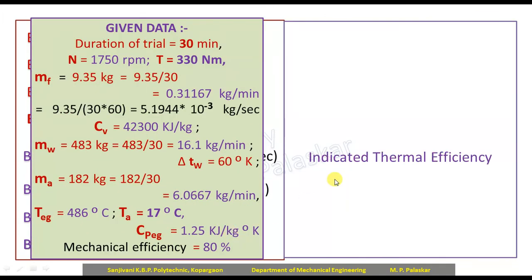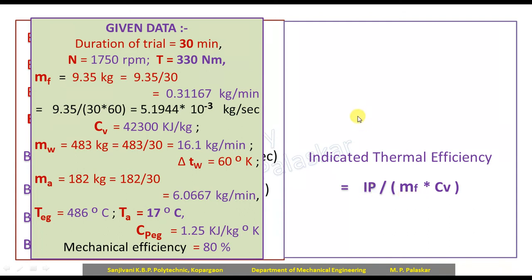Now let us go ahead to find the indicated thermal efficiency. To find the indicated thermal efficiency, we have this formula. Indicated thermal efficiency is equal to indicated power divided by the heat supplied. Heat supplied is equal to mass of fuel into calorific value. So the indicated power we haven't found out yet, and the mass of fuel also we have to find in kg per second, right?